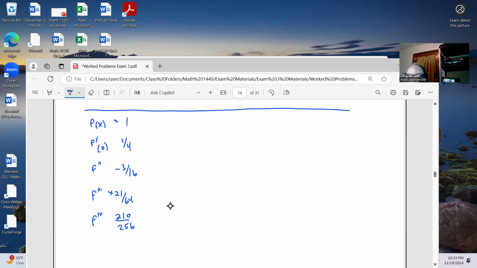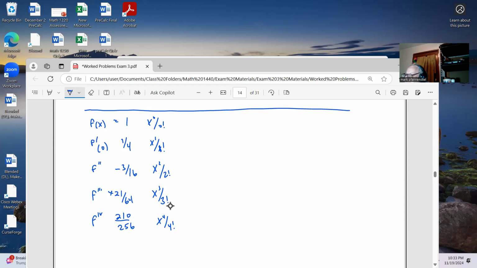Okay, so this is going to be times x to the 0 over 0 factorial. It's just 1 over 1 times x to the 1 over 1 factorial. Okay, this is x squared over 2 factorial, x cubed over 3 factorial, and x to the 4th over 4 factorial. Okay, so we can go ahead and make our Taylor polynomial, which is going to look like x to the 0 is just 1.